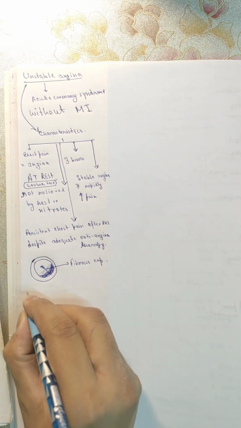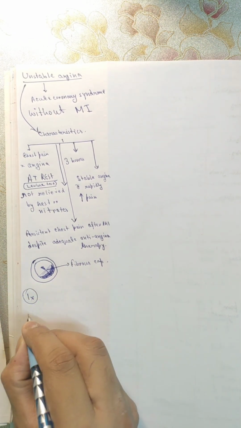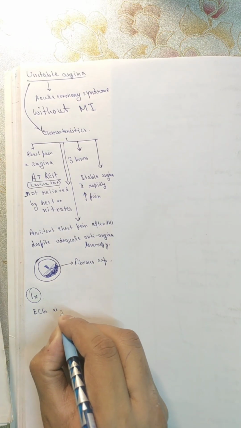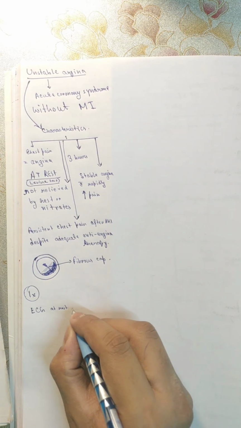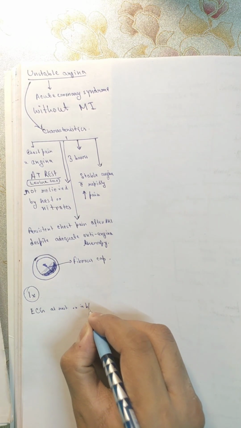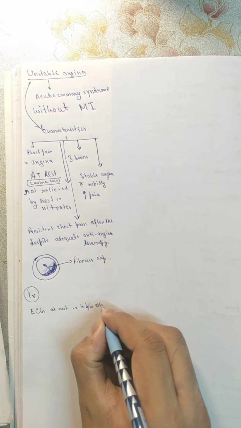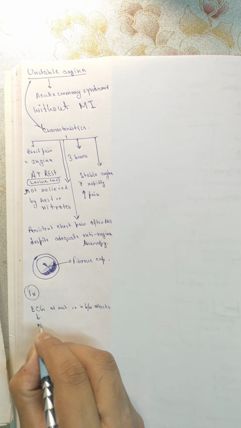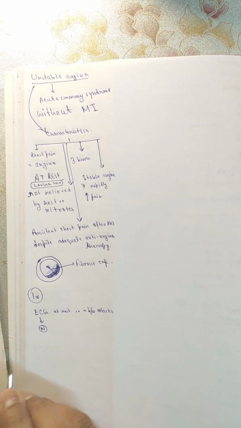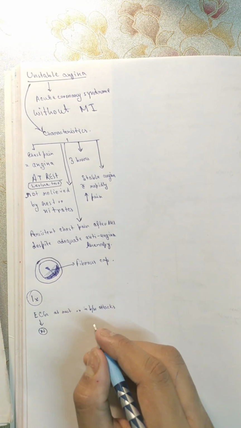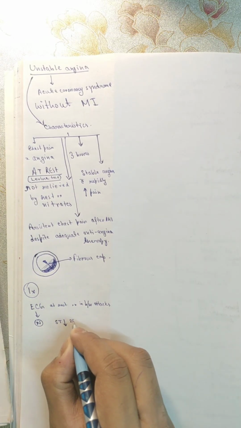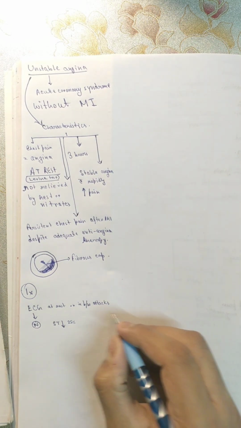Now what are the investigations in this case? The first one is obviously ECG at rest or in between the attacks. ECG shows mostly normal. Okay, ST is depressed in 25% of cases.